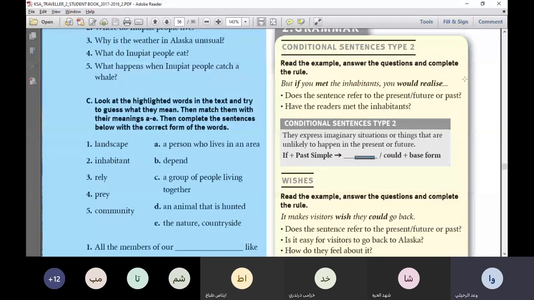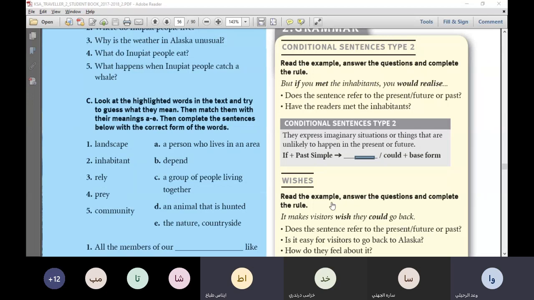Okay, if it was, if you meet the inhabitants, it's going to be? Will. Very good. You will. Very good. Ola? Easy? Ola, these are two very, very important grammar points. You have to understand them very well.